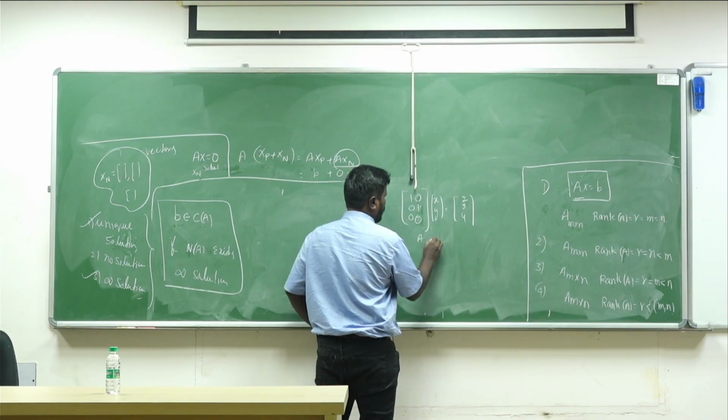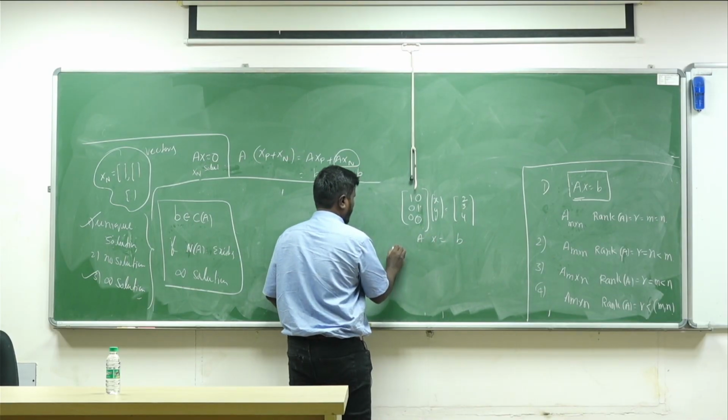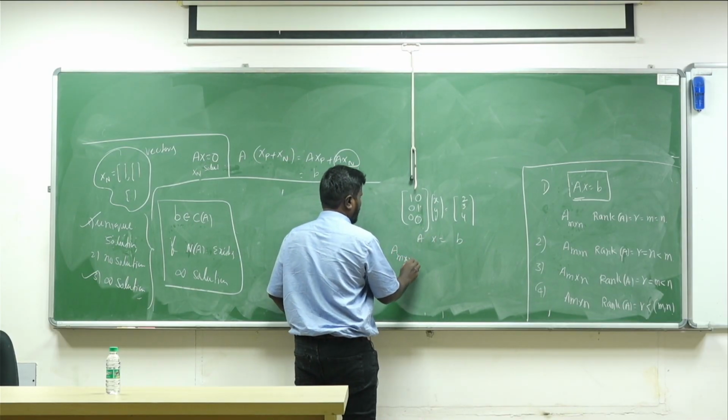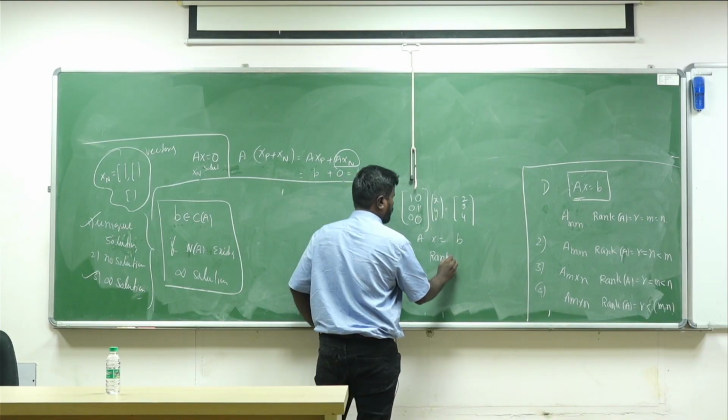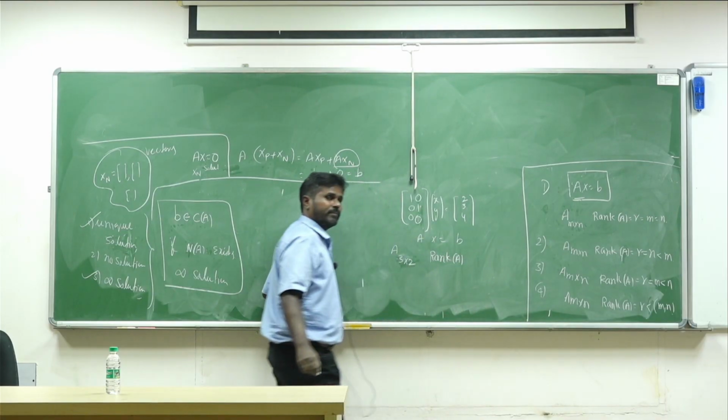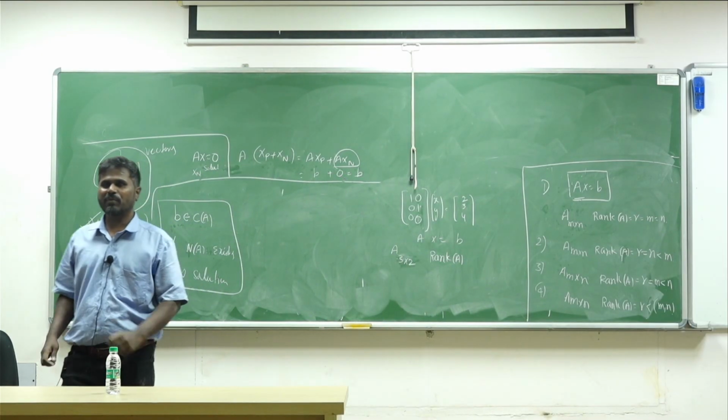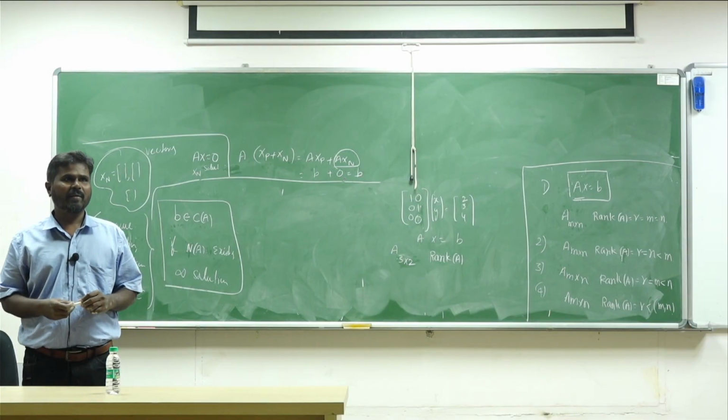This is Ax equal to B, where A is m by n in size, right? Where A is 3 by 2, and the rank of A is what? What is the rank of A? 2.